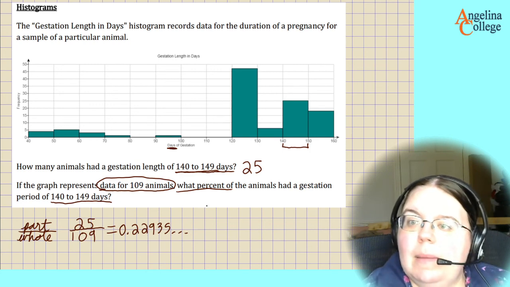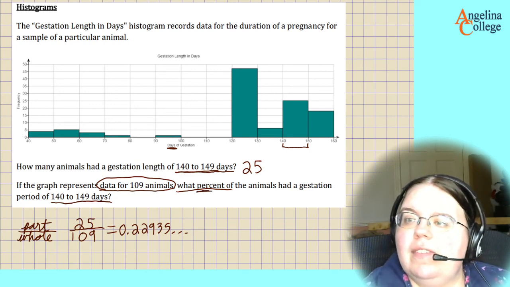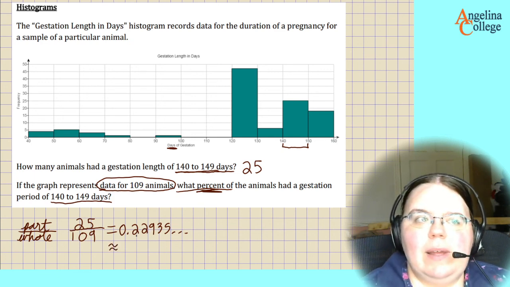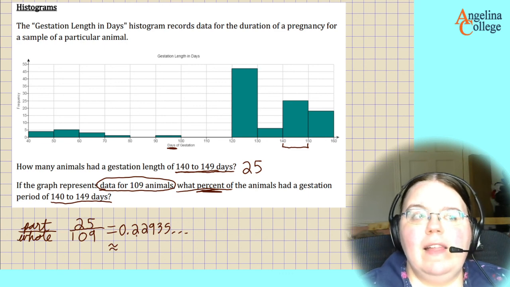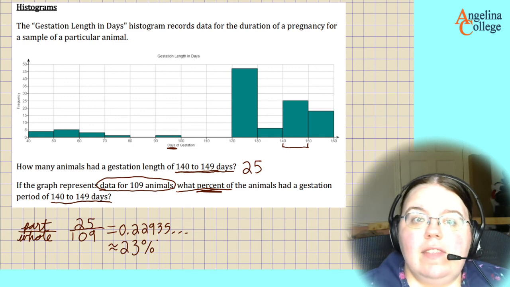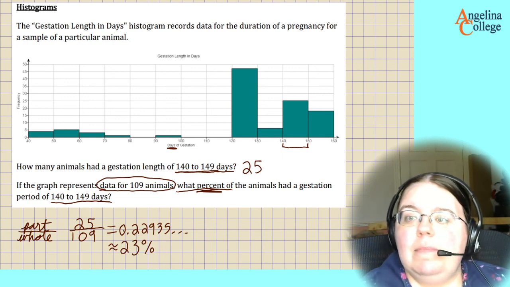Okay, but it wants a percent. Well, that would be about, and it doesn't say what to round to, so I'm just going to make a judgment call that I'm going to round to the nearest whole percent. So that would be the 9 bumps up the 2, 23%. And I noticed that's consistent with what I had estimated because it's a bit less than 25%.